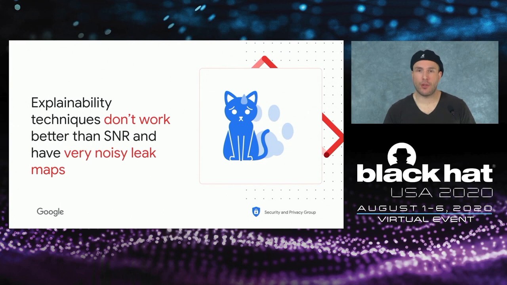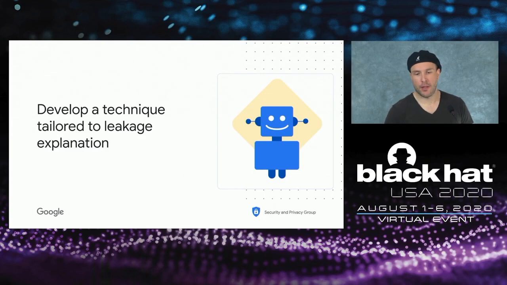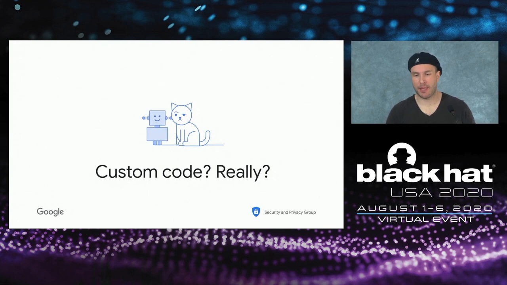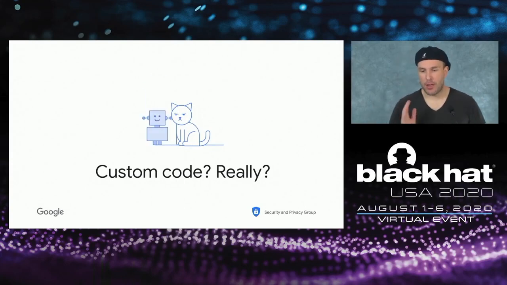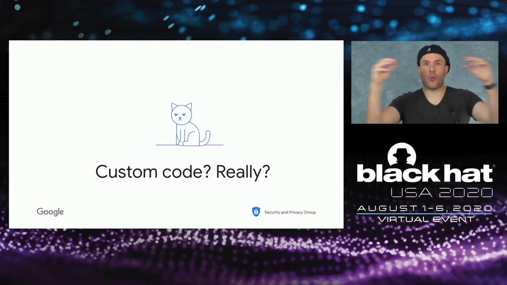So it took us quite a bit of iteration back and forth, and then we decided we needed to create something more tailored to what we wanted to do. I know you might be skeptical that we can come up with yet another technique and why it will be better. The reason it might work better is that usually the machine learning techniques used for explainability focus on the highest level features, the upper part of the neural network, to get more understanding.